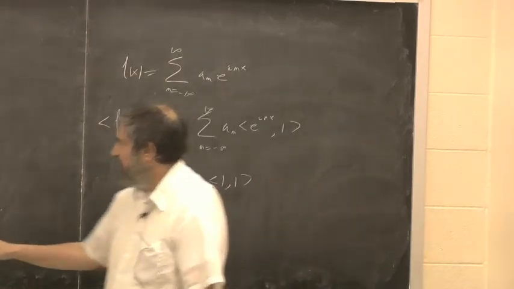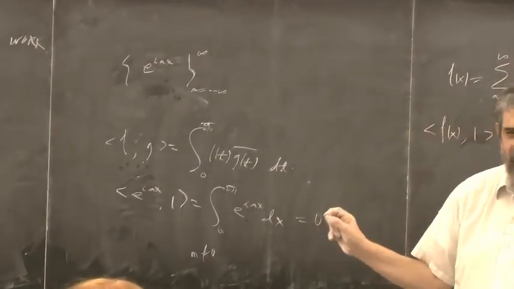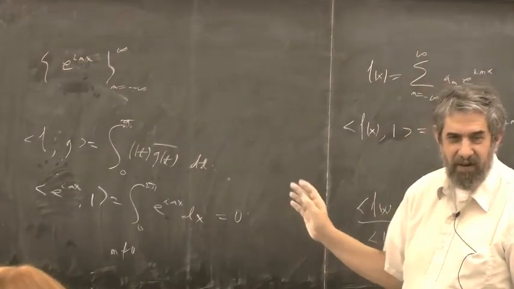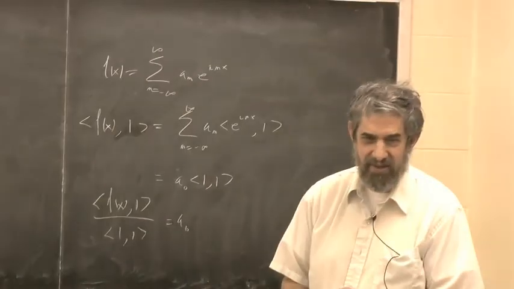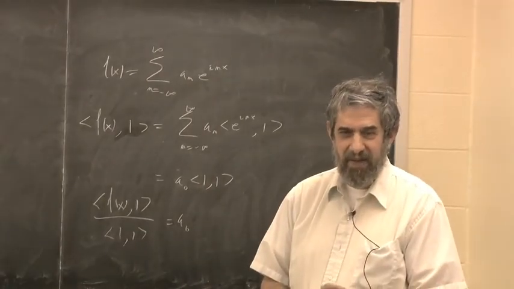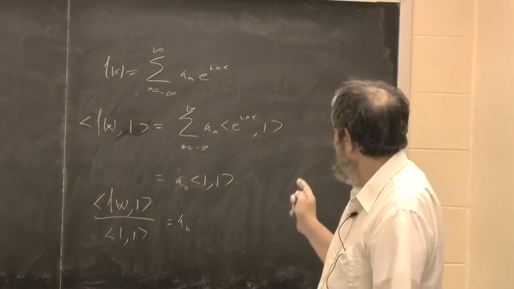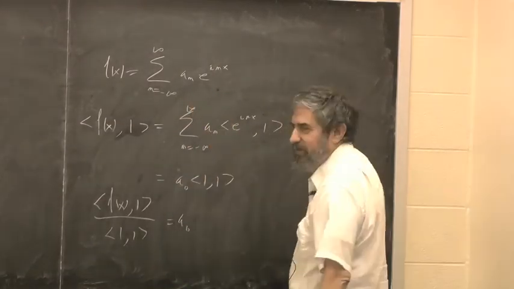I told you that actually these were all mutually orthogonal, right? Not only is e to the i n x orthogonal to 1 for n not equal to 0, but e to the i n x and e to the i m x are orthogonal as long as m is not equal to n. So if we want to find a1, let's just start with this equation and do something smart to it.